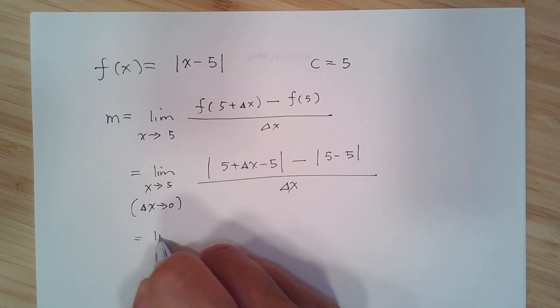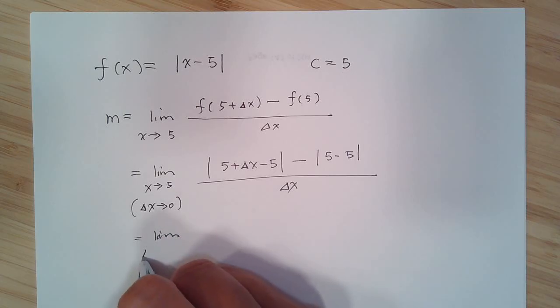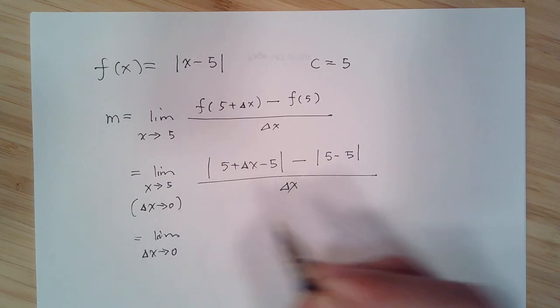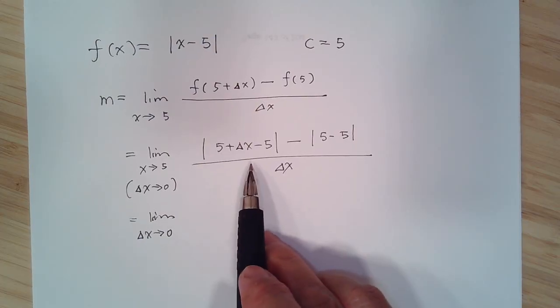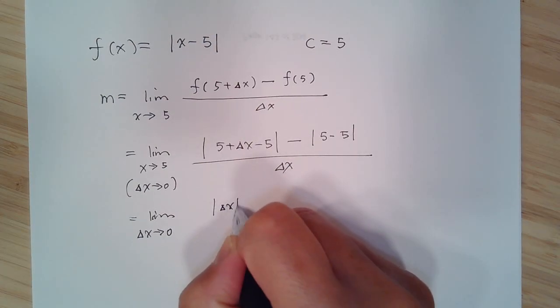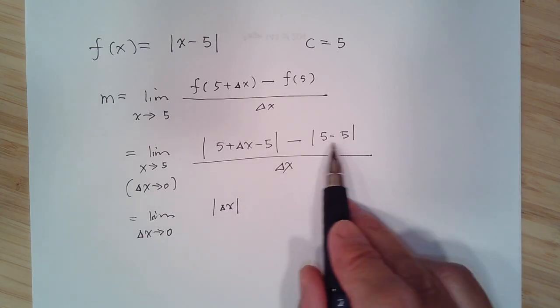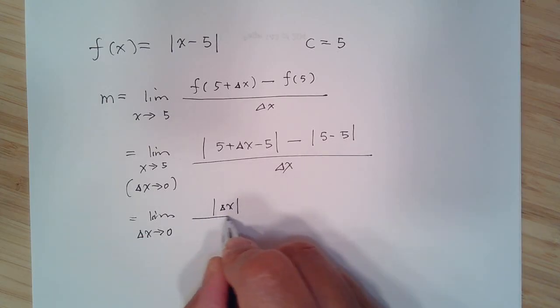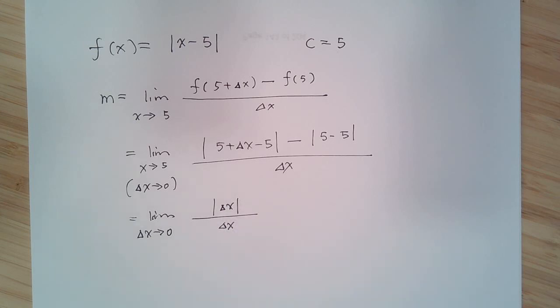Alright, now when delta x approaches 0, 5 minus 5 is 0, so I only have the absolute value of delta x. And then this is 0, so minus 0 is gone. And then over delta x, we are in trouble now.